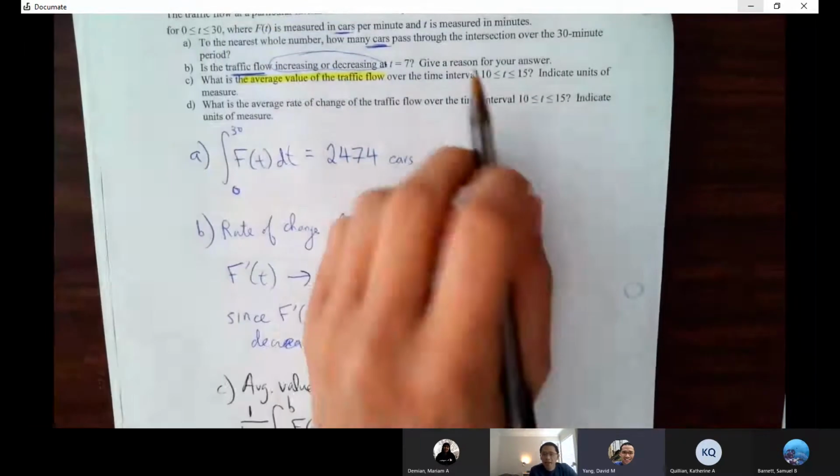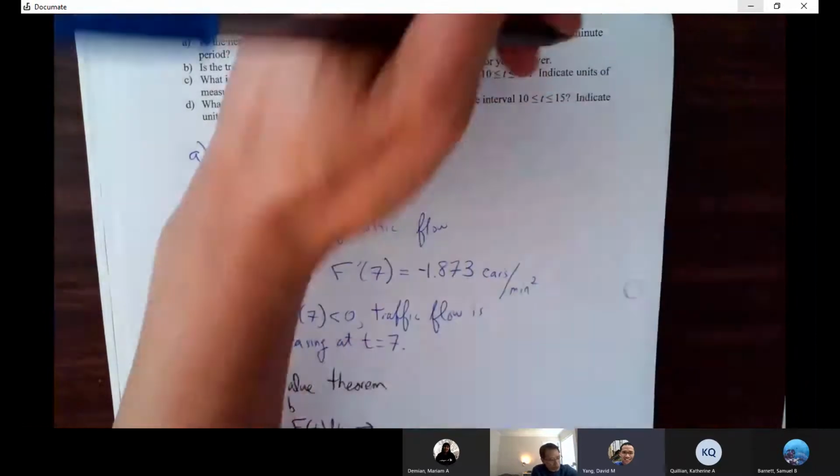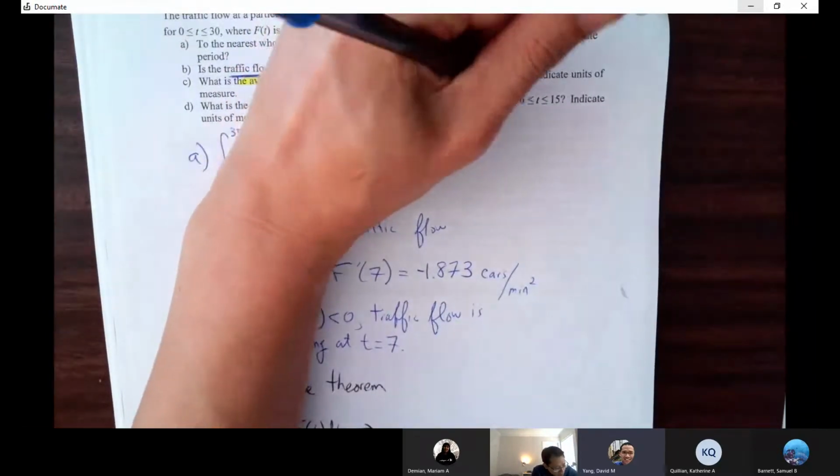We want to find the average value between 10 and 15, so we treat 10 as our a value and 15 as our b value.